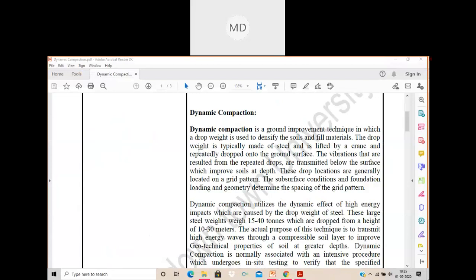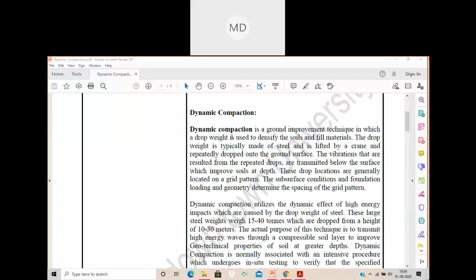The drop weight is typically made of steel and is lifted by a crane and repeatedly dropped onto the ground surface. The vibrations that result from the repeated drops are transmitted below the surface, which improves soil at depth. These drop locations are generally located on a grid pattern. The subsurface condition and foundation loading and geometry determine the spacing of the grid pattern.